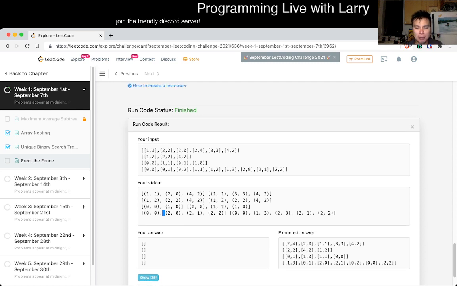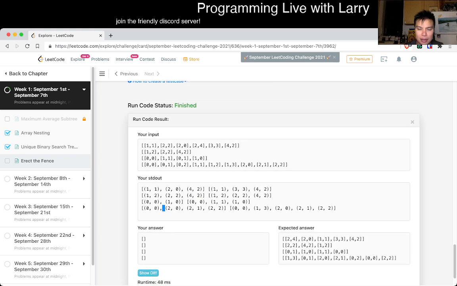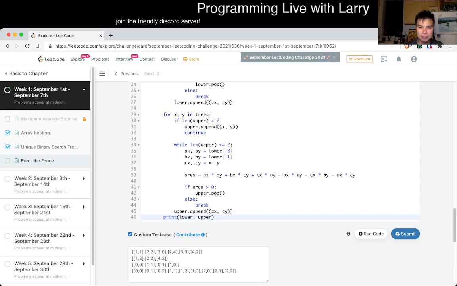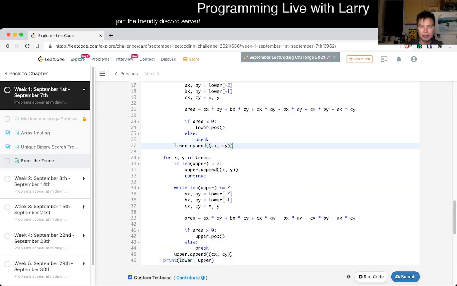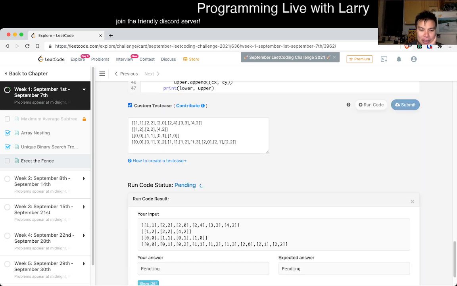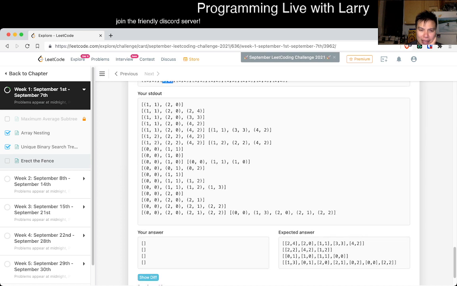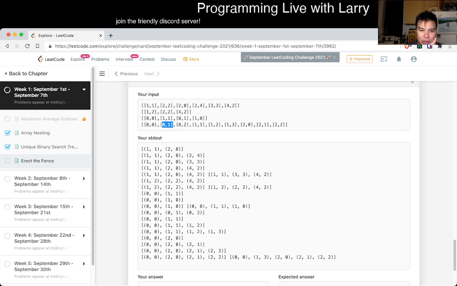Let me also just double check that I am right. Let's check every state so that I can see if 0 1 or 1 0 got eliminated along the way.